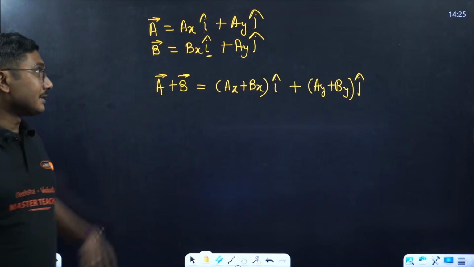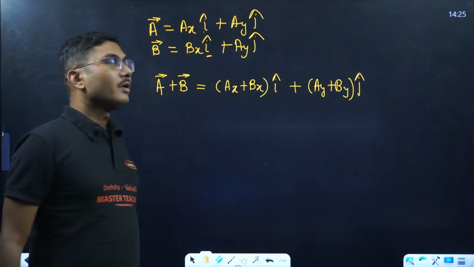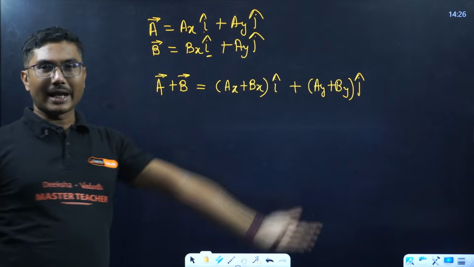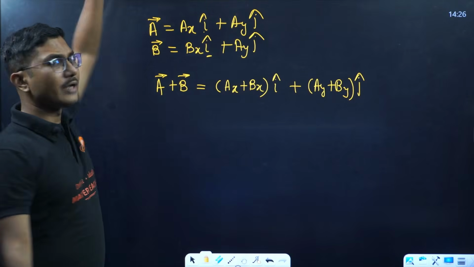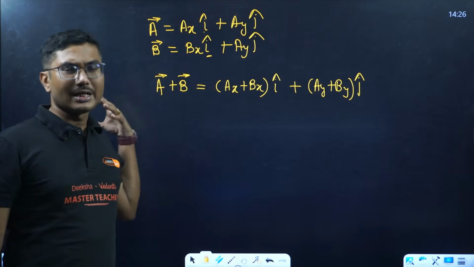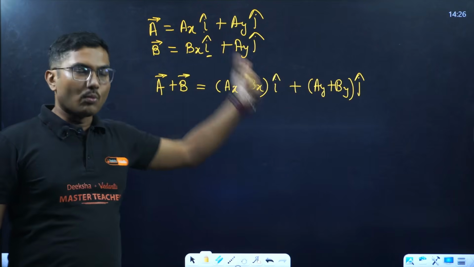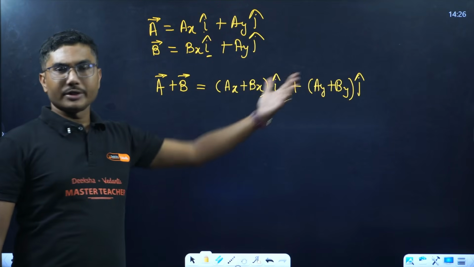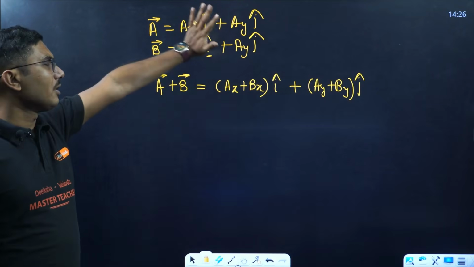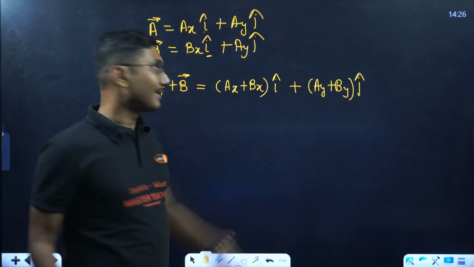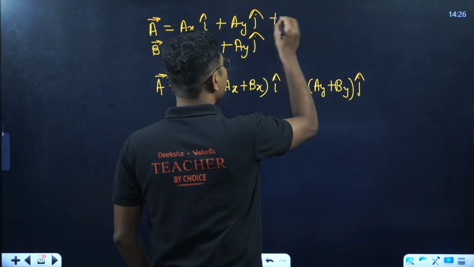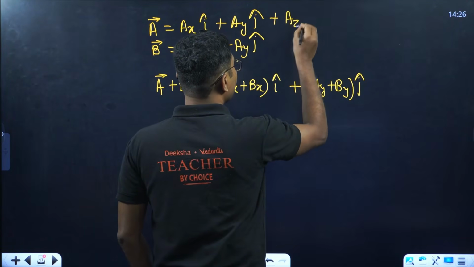It also includes the sign. Suppose in some cases one of them is negative, you just take the negative sign and add them. In this case you can add 10, 20, 30 vectors very easily. Only x components will be added, y components will be added, z components will be added. Based on the vector, only the components get added. Let me add the z component as well, because the z component is also sometimes asked.